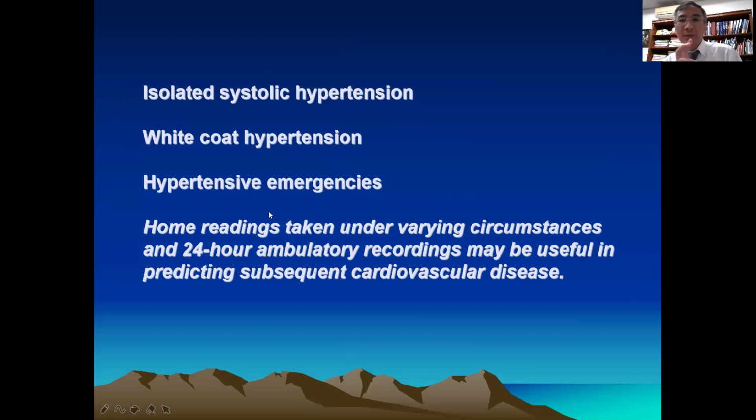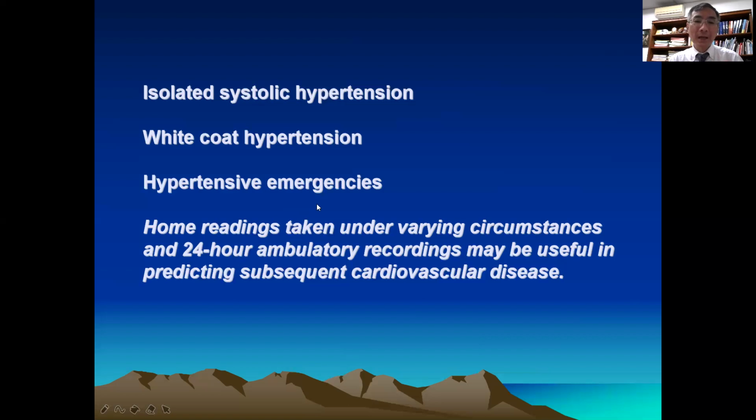Hypertensive emergencies come about when the blood pressure rises very high. Now, if the blood pressure rises very high, and this very high blood pressure damages the organ system, producing heart attack, producing acute pulmonary edema, aortic dissection, or papilledema, then this is an emergency that has to be handled with admission and intravenous drugs to bring the blood pressure down over a matter of hours.